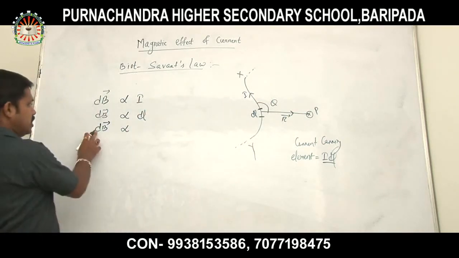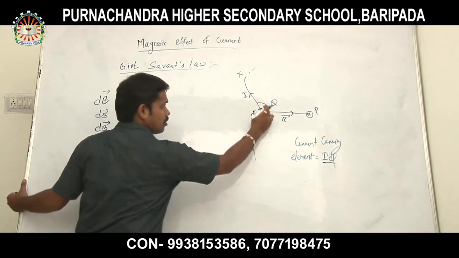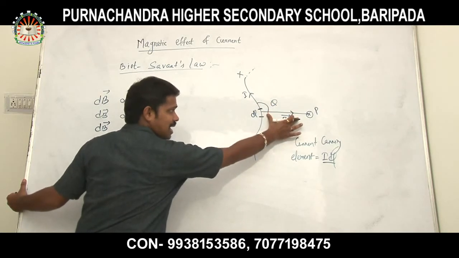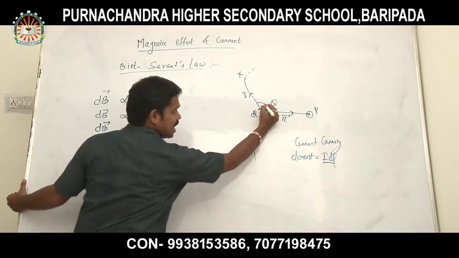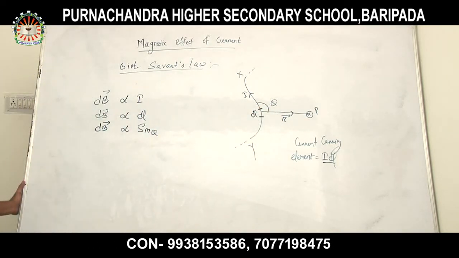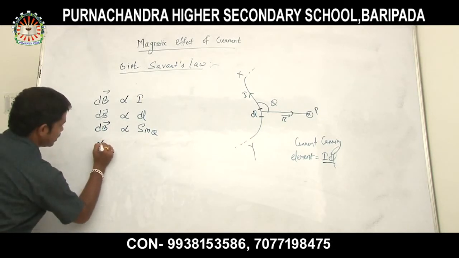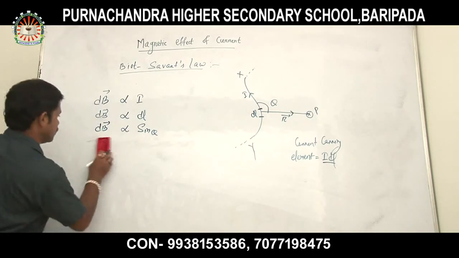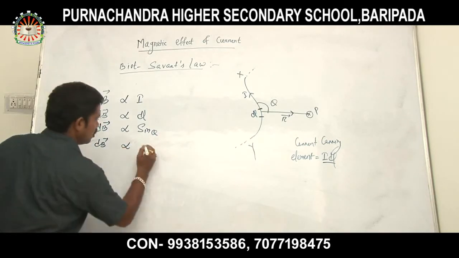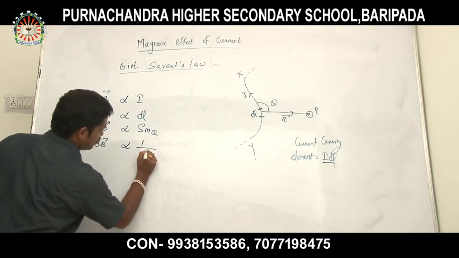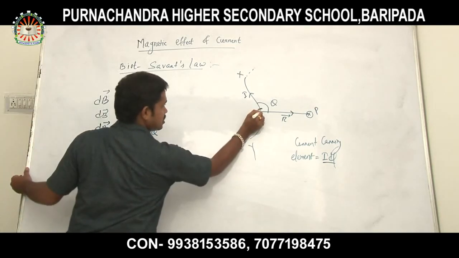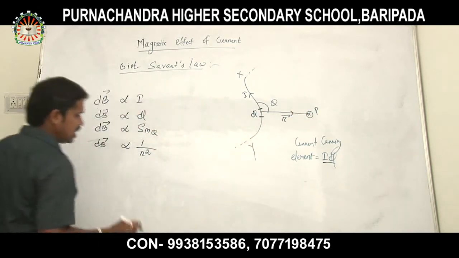Again I will repeat. dB is proportional to the sine of the angle between the element dl and the distance vector r. So what is the angle? Theta. So that's why sin theta. Clear? Now, next, it is inversely proportional to the square of the distance between the element and the point P, that is r square.